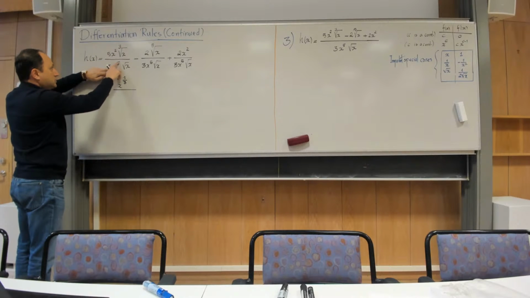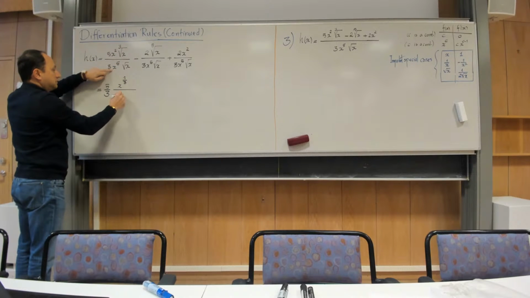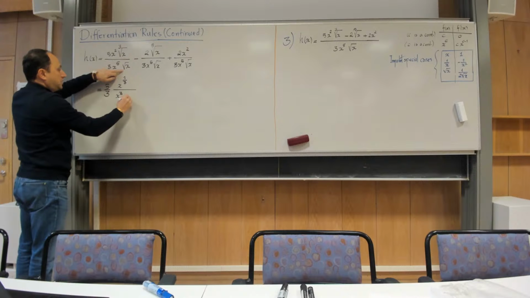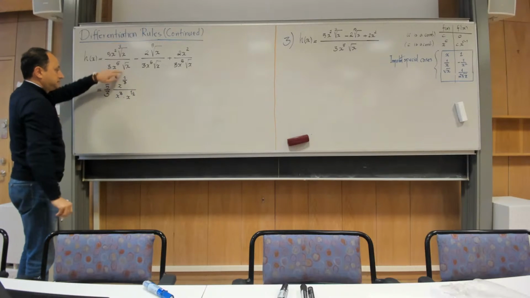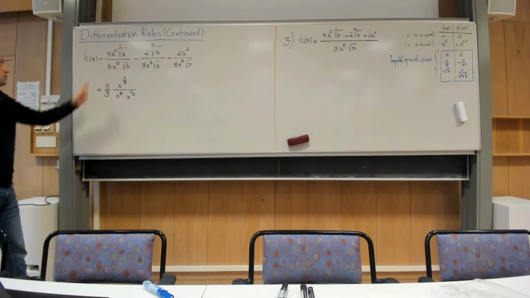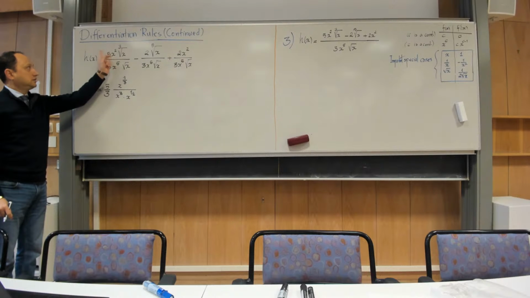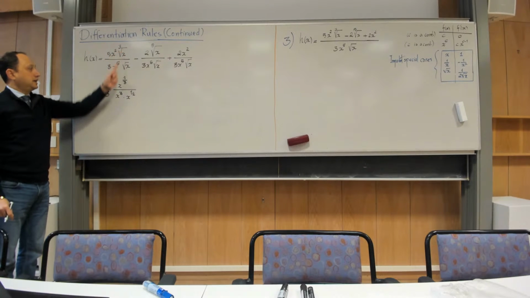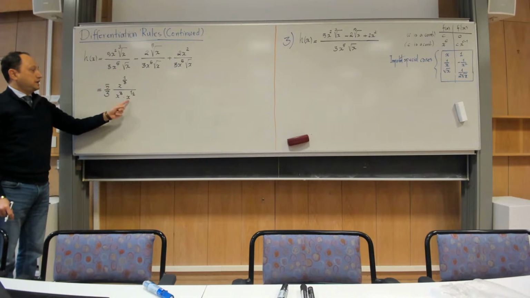And then I have x to power 3. And then I have x to power 1/2. So you see, x to the 2 is gone. The third root of x is written in this form. x to the 2 is cancelled with 2 of them here. x to the 3 is left. The square root of x is this guy.